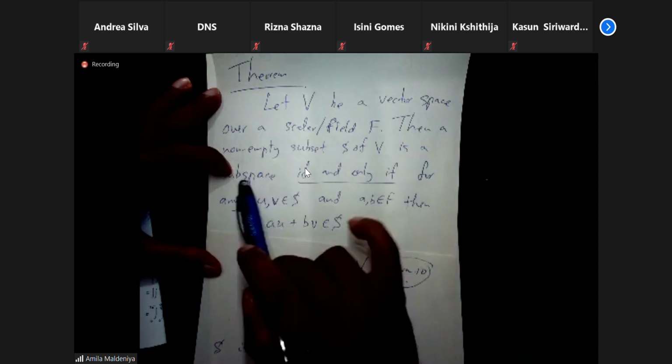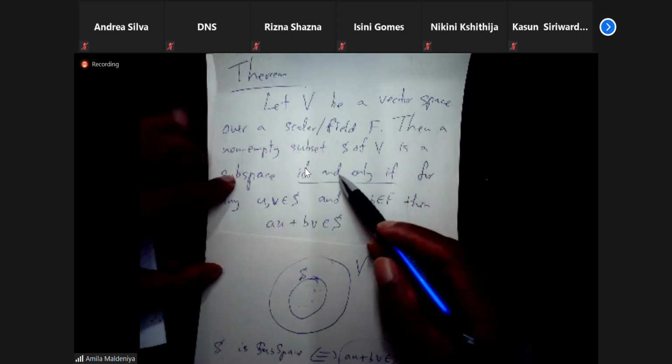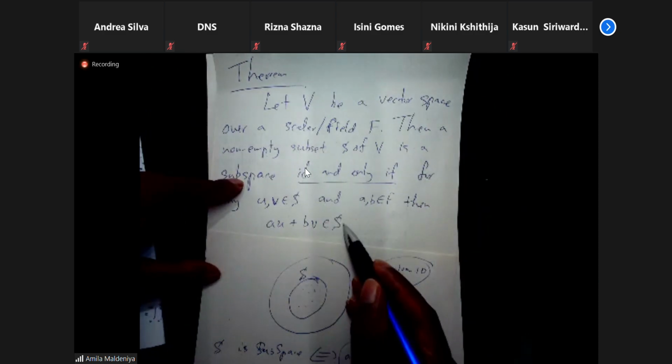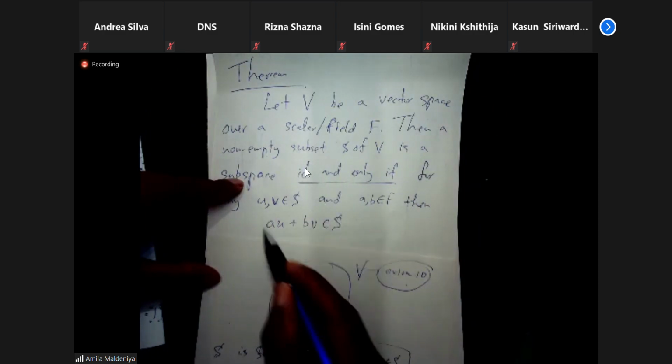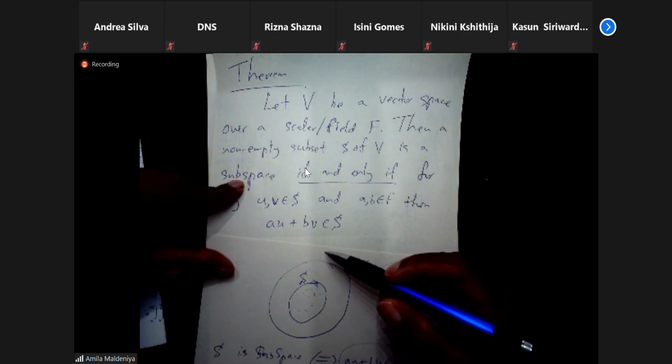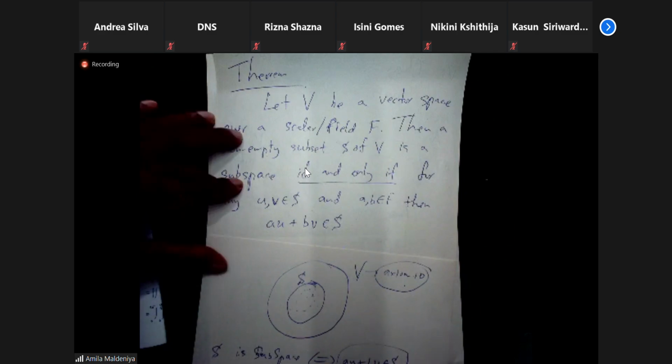So if you want to prove S is a subspace, you would prove it satisfies all the 10 axioms. This theorem says you don't need to do that. S is a subspace if it satisfies only this one property. You don't need to prove 10 axioms, just prove it satisfies this relation. That's enough.